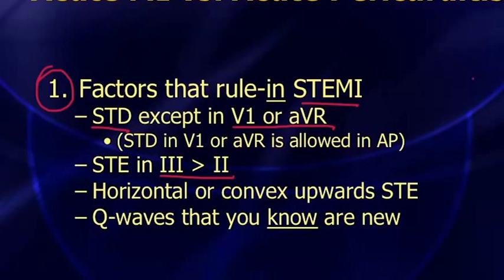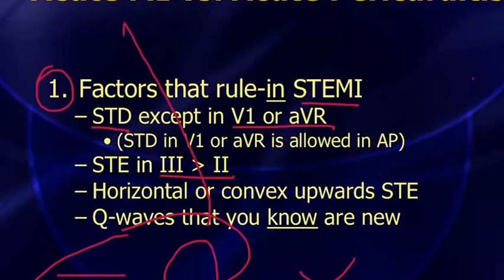Don't look any further. The other thing you'll do is take a look at the morphologies of the ST segments. If the ST segments are horizontal or convex upwards, like a tombstone, that has to be a STEMI. Pericarditis is only allowed to give you concave upwards ST elevation. But STEMI can do anything, and if you see either of these two, it's got to be a STEMI.